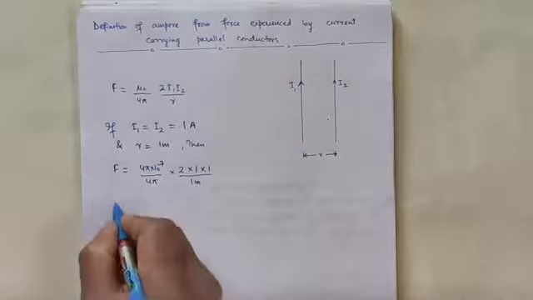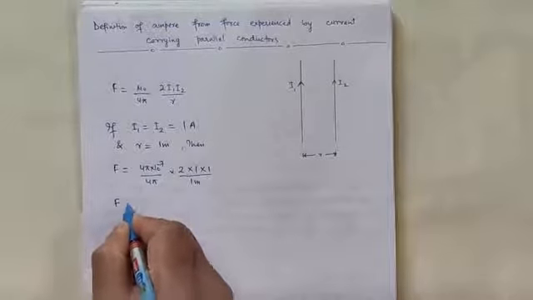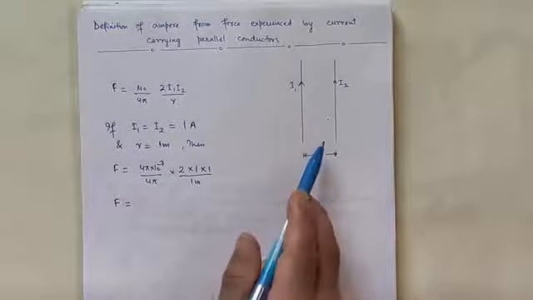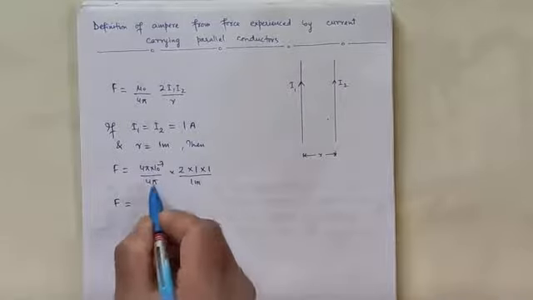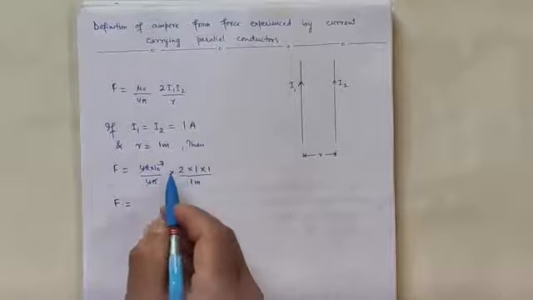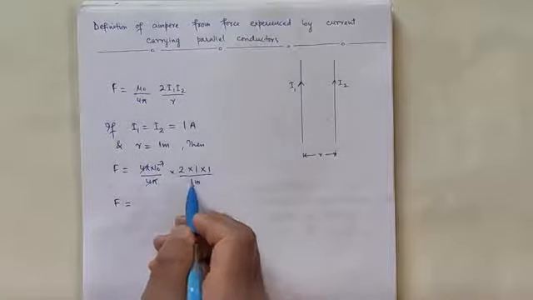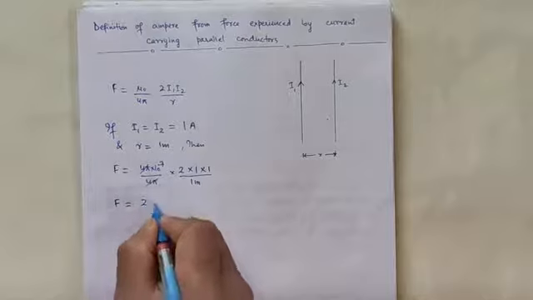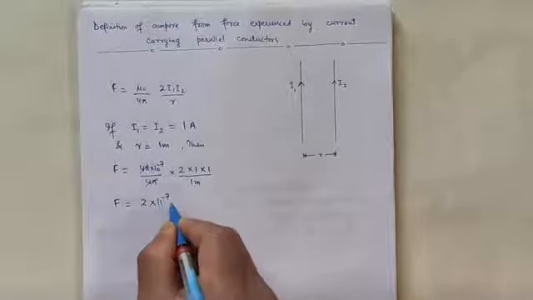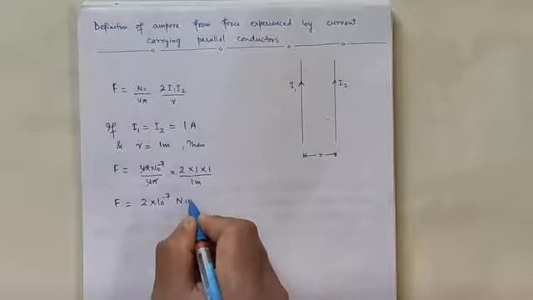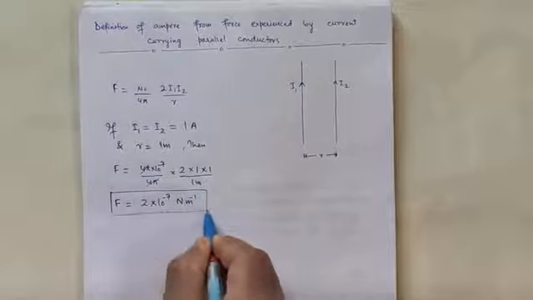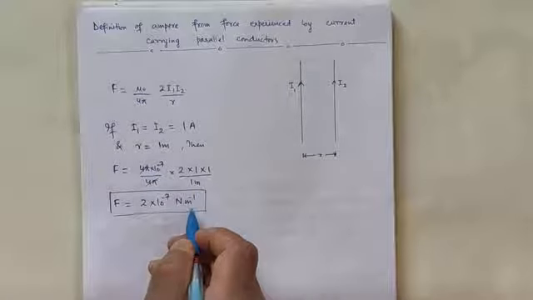Now this force per unit length experienced by each conductor will be equal to, here 4 pi and 4 pi cancel out, so there remains only 2 into 1 divided by 1, that is simply 2 into 10 raised power minus 7 Newton per meter.